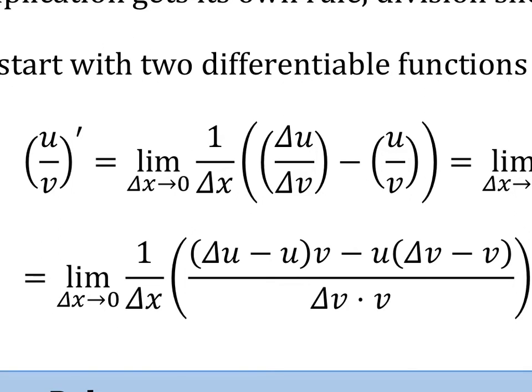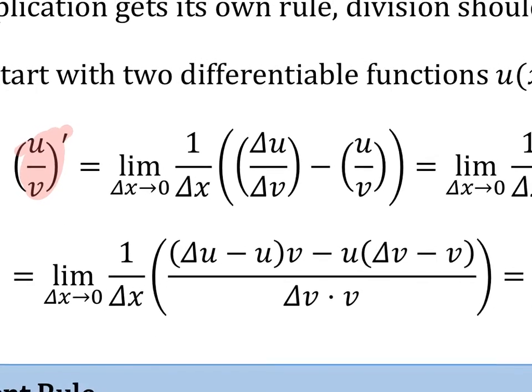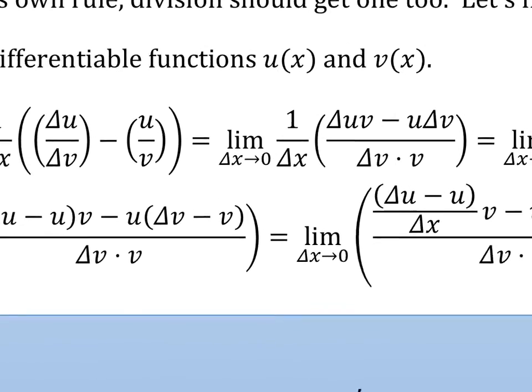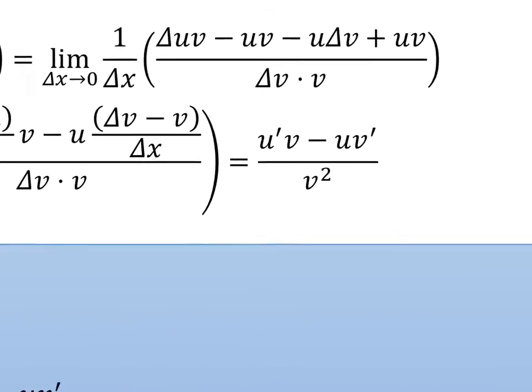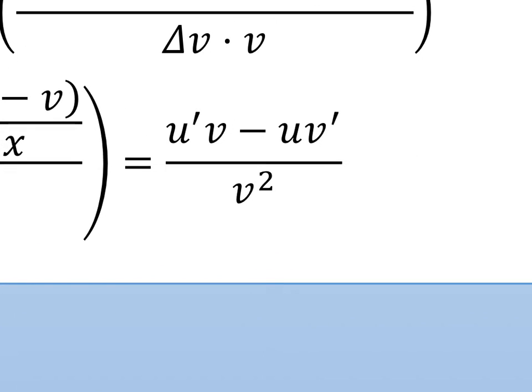So if we're looking for the quotient u divided by v, then what we end up with here is, in the end, again, not going to drag through it, something that looks very similar. U prime v minus uv prime, and then we've got all over v squared.